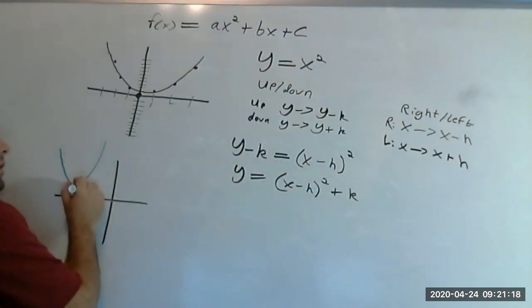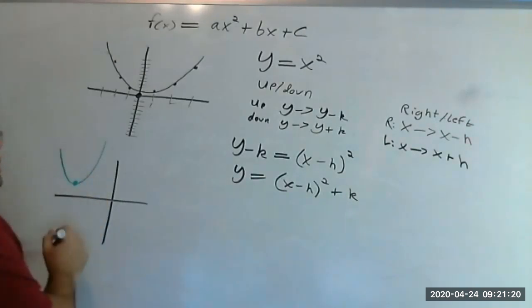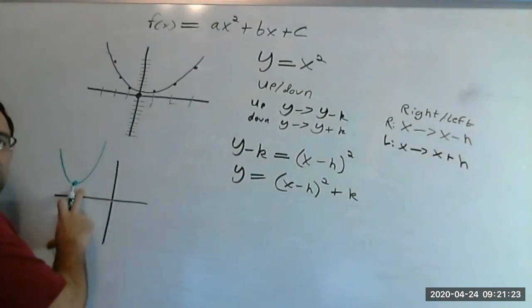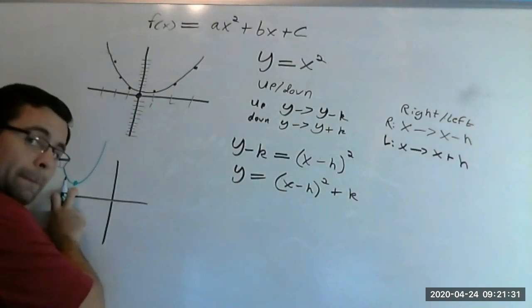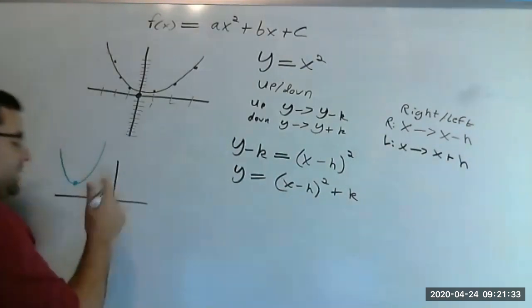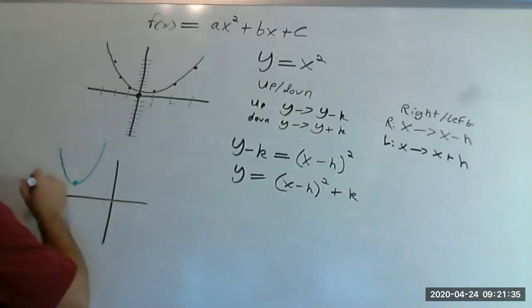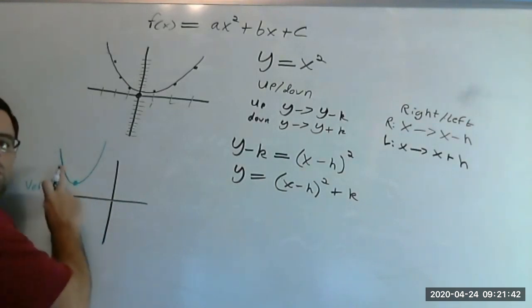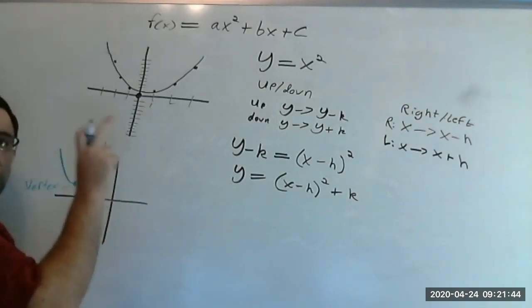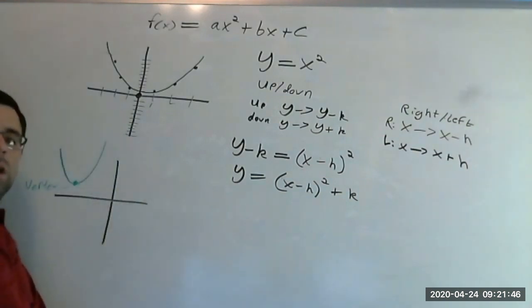But the important part about this standard form is, you don't remember what this thing is called? Starts with a V. Vertex. Yeah. So the little hump, either at the bottom or at the top if it's upside down, is the vertex.